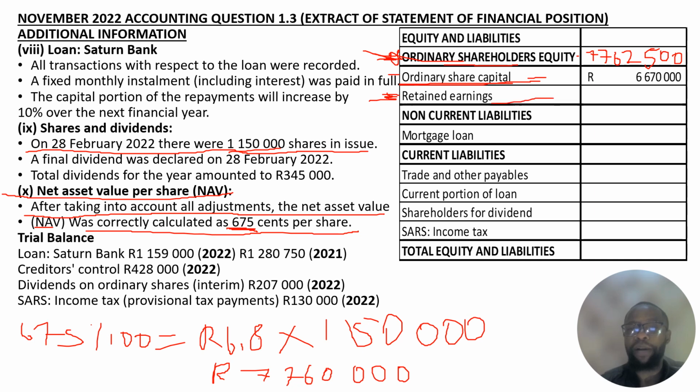Then we are going to get our retained earnings. Deduct 6670 into 3. So meaning it's 1,092,500. Then we are done with equity.